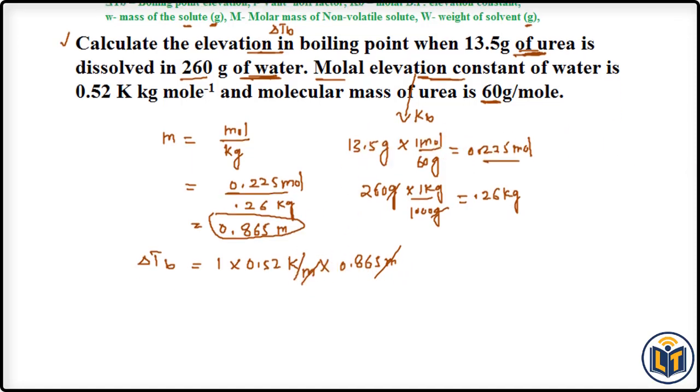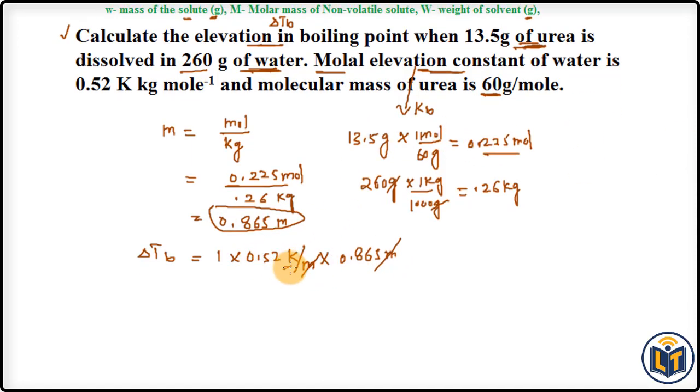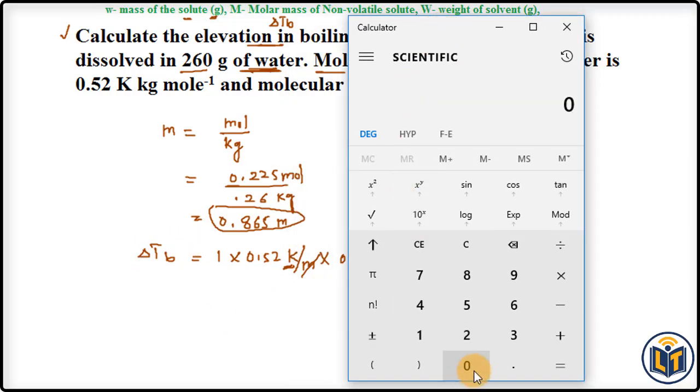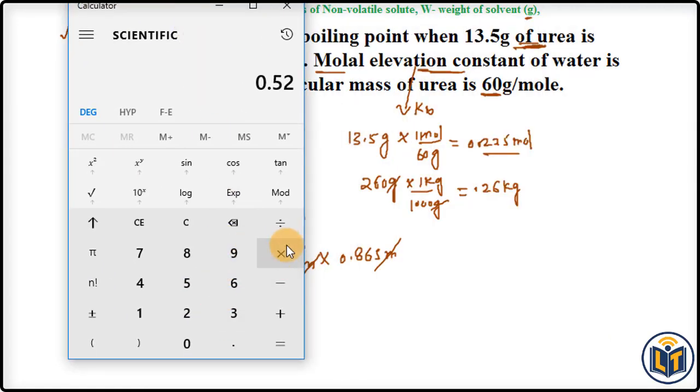Now we can do the calculation. Here you can see that only one unit is left, that is Kelvin, which means we are going to calculate the delta Tb value in Kelvin. Here we have 0.52 multiplied by 0.865. This is the value we get. We can round off this figure.